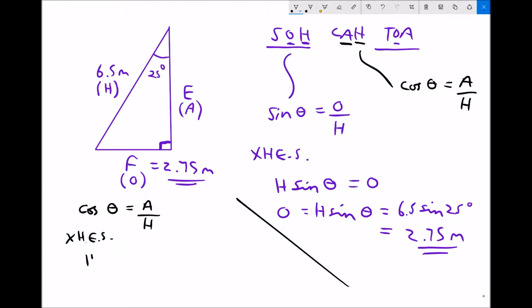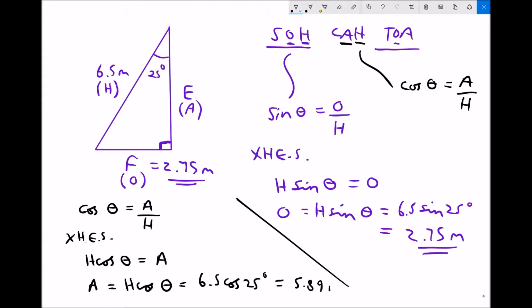That's going to give us h cos theta equals A. Therefore, in this instance, A equals h cos theta, which equals 6.5 cos 25, which equals 5.89 to 2 decimal places. Therefore, E equals 5.89 metres, and we've found the two unknown lengths on that triangle.